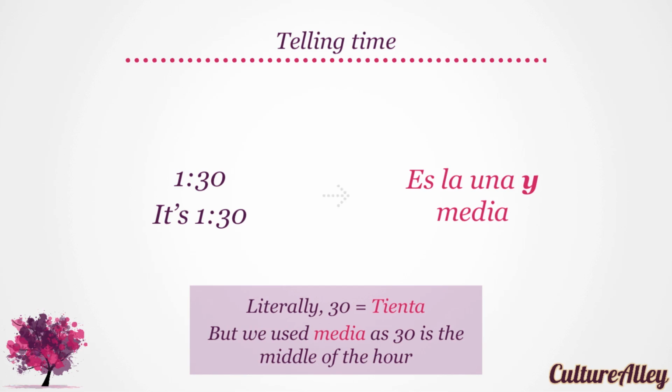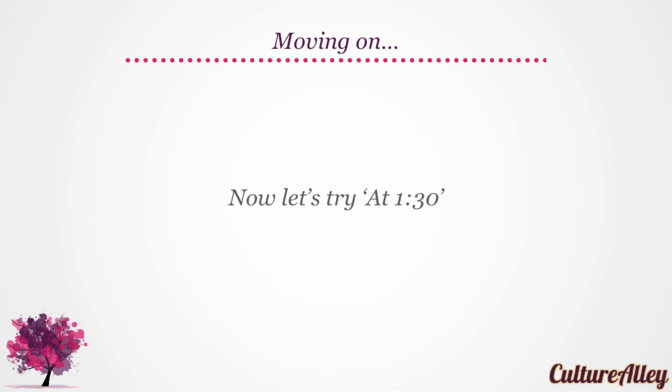Let's see another one. It's 1:30 translates to es la 1 y media. Can you say that? Es la 1 y media. Note that although 30 translates to treinta, we used media as 30 is the middle of the hour.